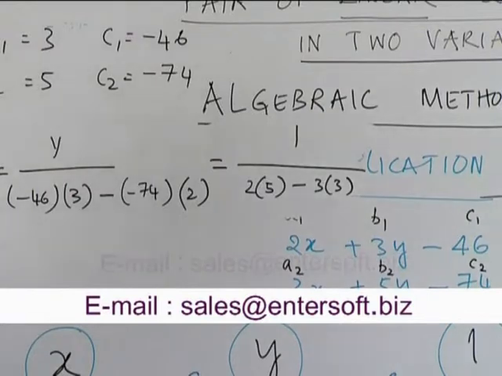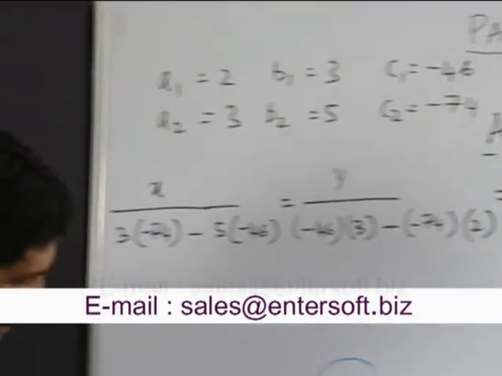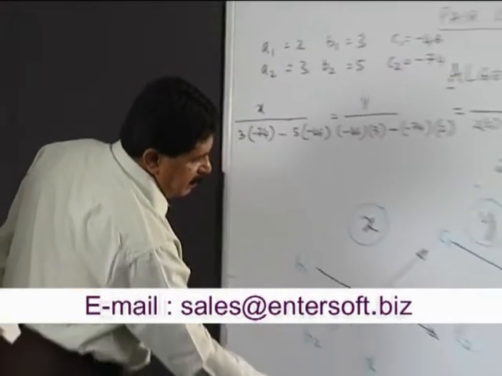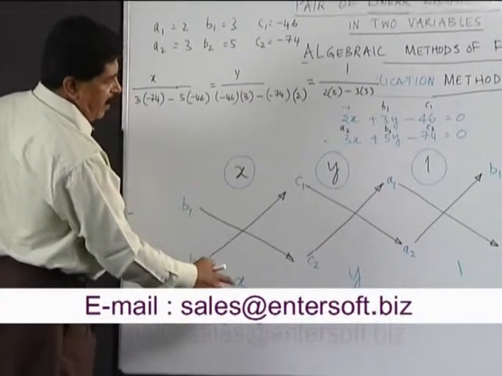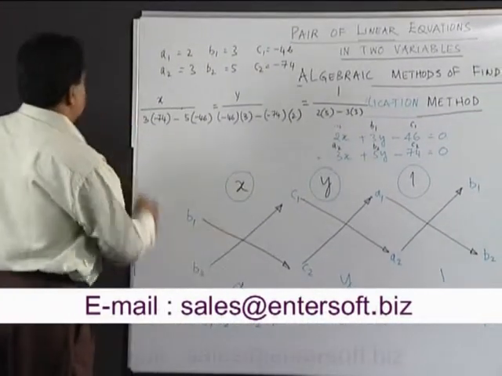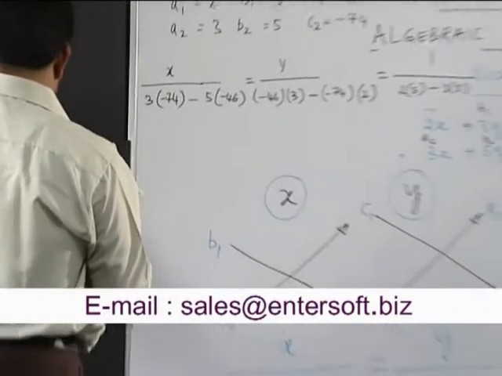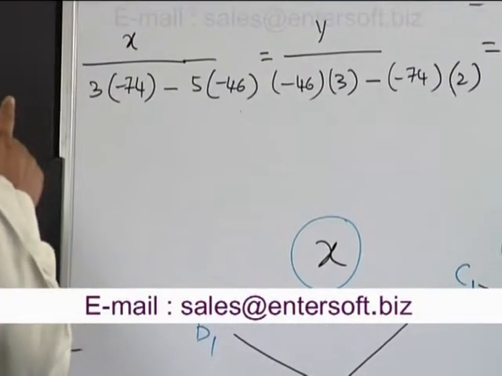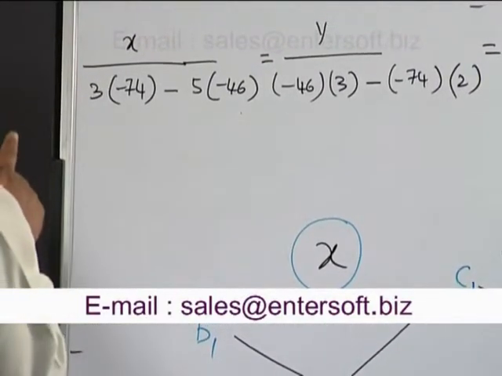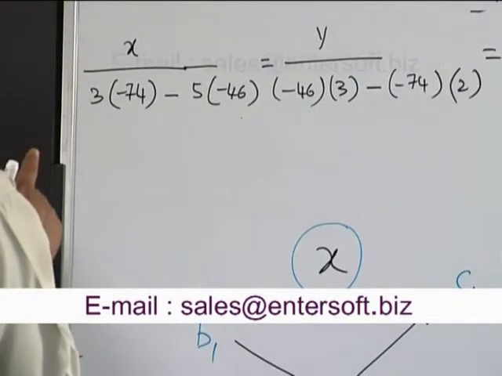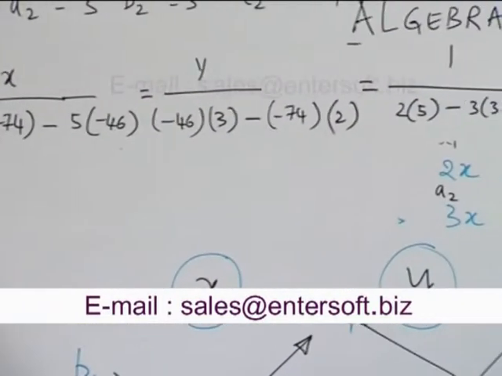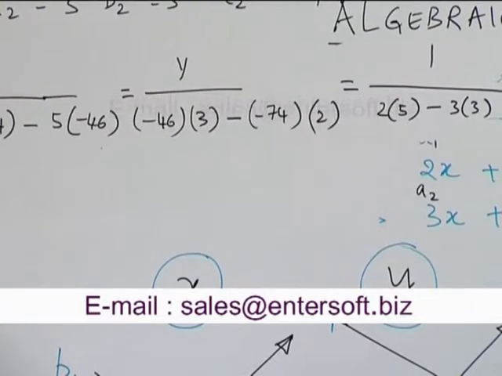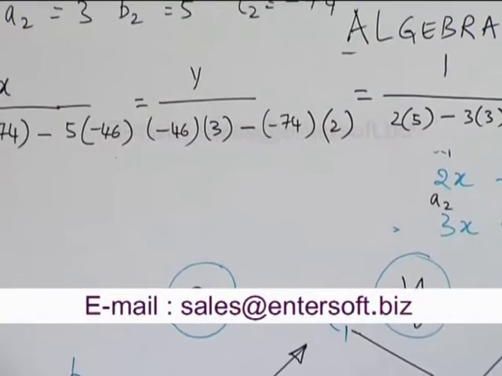See, now all that I have done here is, after this I have substituted the values of B1, B2, A1, A2, C1, C2 in this order. So what we have got here is x divided by 3 into minus 74 minus 5 into minus 46 is equal to y divided by minus 46 into 3 minus 74 into 2.